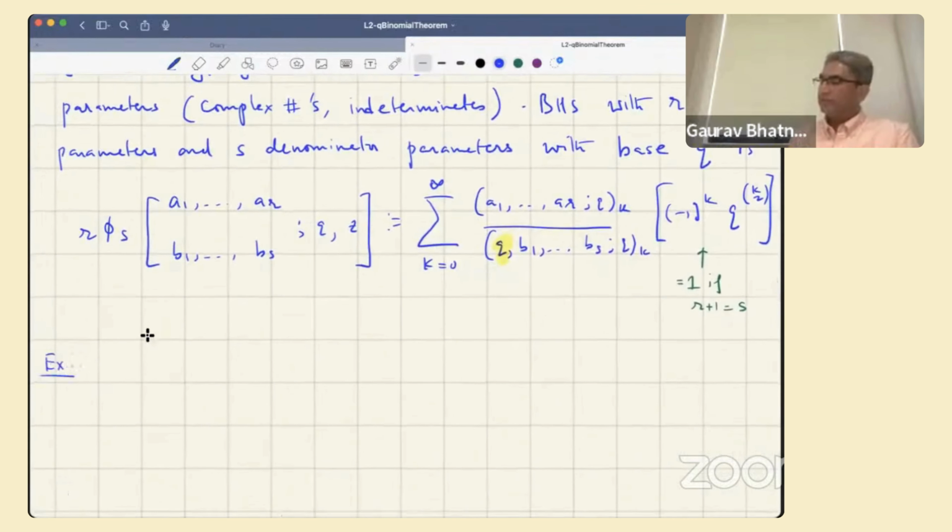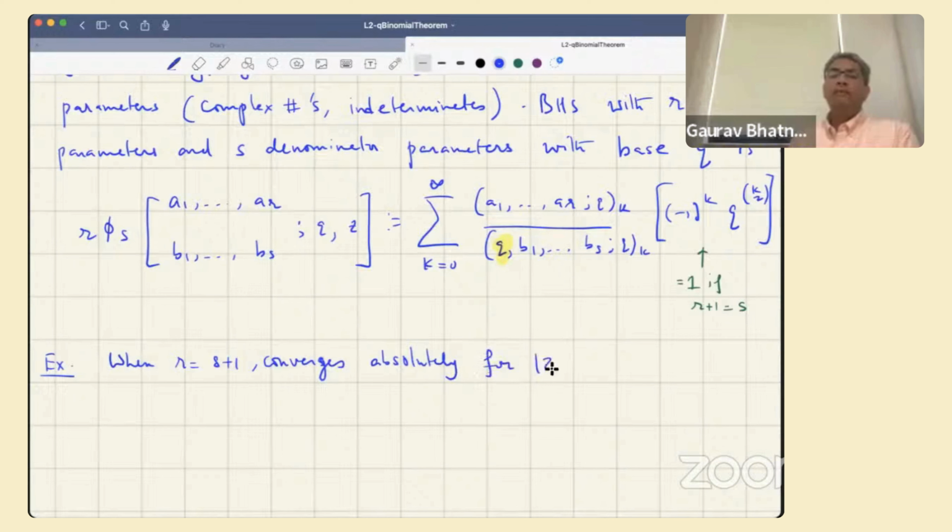using the ratio test, you can prove that when r equals s plus 1, then the series converges absolutely for absolute value of z less than 1.